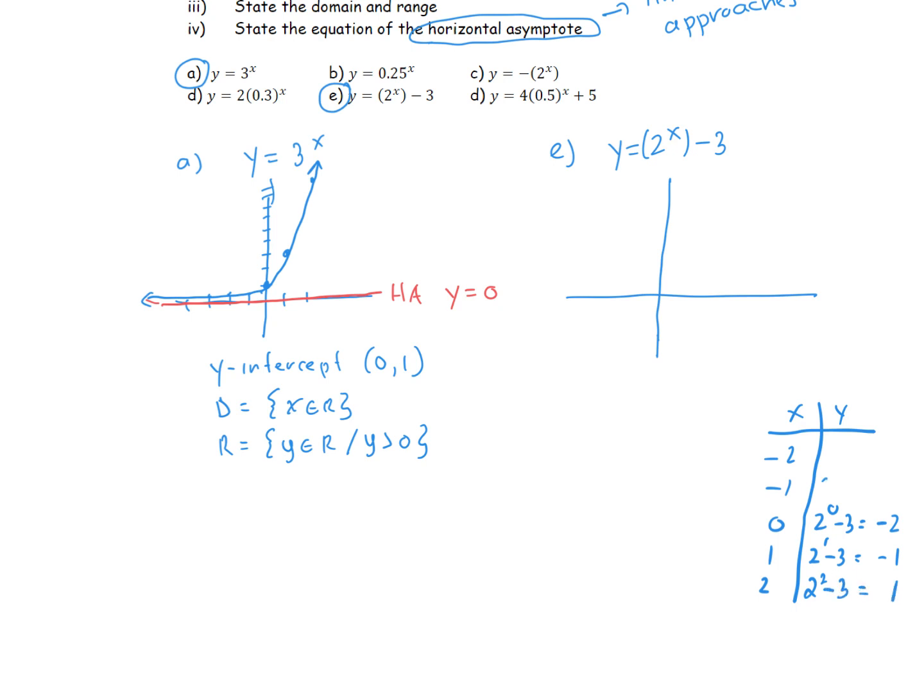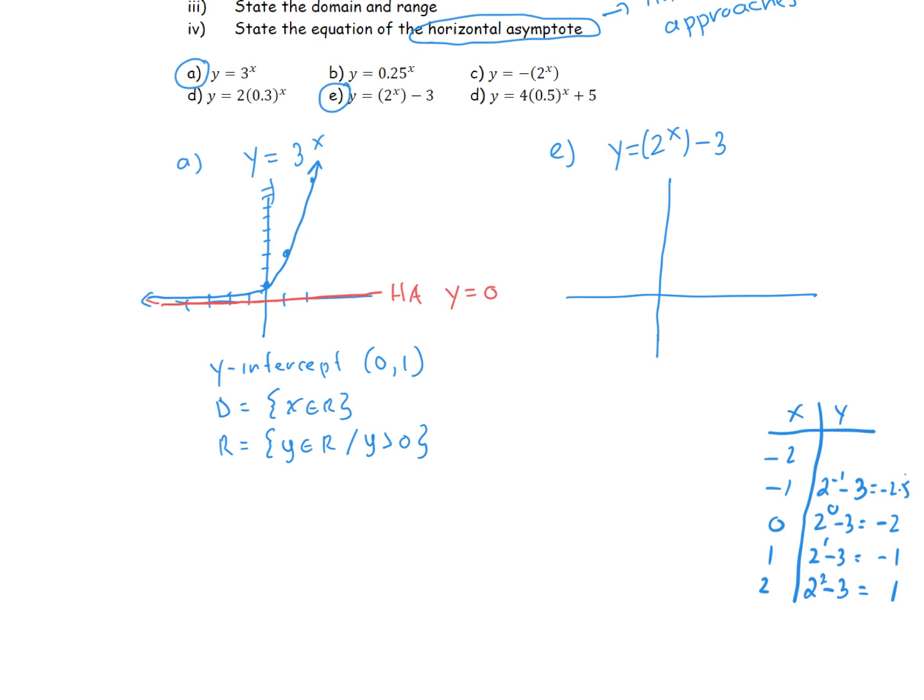And then we have 2 to the power -1, which is a half. And a half minus 3 is -2.5, or -7/2. I'll just do it in decimals. So 1/2 minus 3 is -2.5.